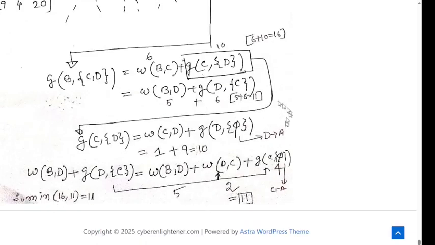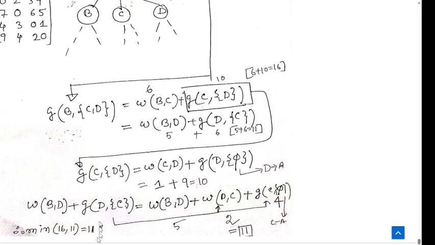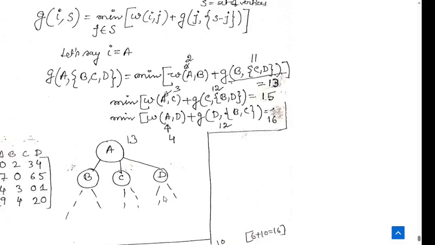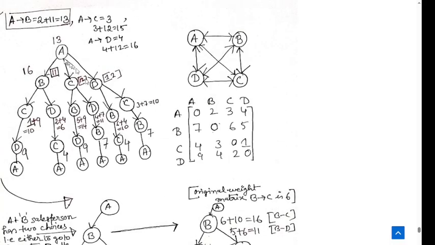The minimum of 16 and 11 is 11, so we have chosen 11 here. Similarly, from the other route we have chosen the minimum, which is 12. So out of these, only this one is the minimum.